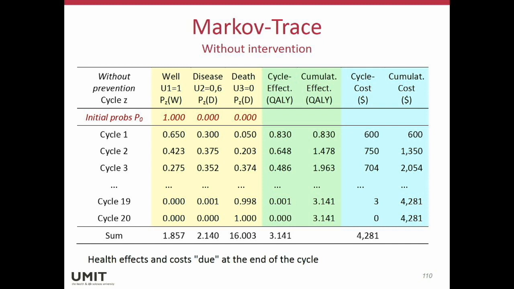So because it's the first cycle, and all the people are well in the beginning, it's 1 times 0.3. And so we have, after one cycle, this 30% of your population being diseased.